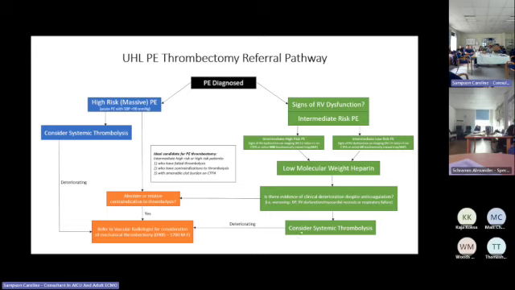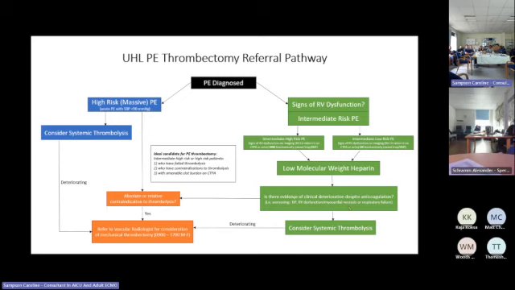So this is the intermediate group. Are there signs of RV dysfunction? Then they're automatically an intermediate risk PE. Are there signs of RV dysfunction on imaging and raised troponin, or biochemical evidence of RV dysfunction, so things like raised troponin and BNP? Then they start the heparin.